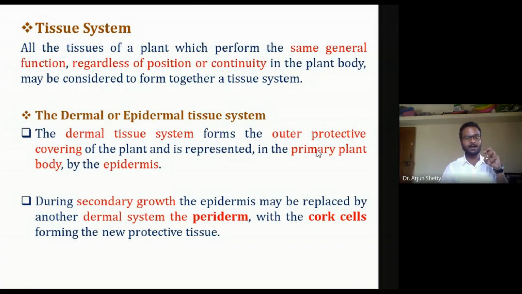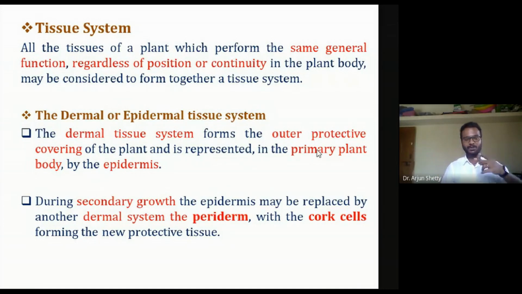These cork cells are buoyant in nature. If you take the cork from any woody plant exhibiting secondary growth and put it in water, you are going to see it float. That buoyancy is because of the cork cells. This cork-containing periderm will act as a new protective layer.